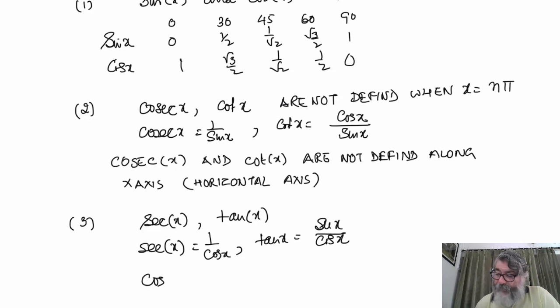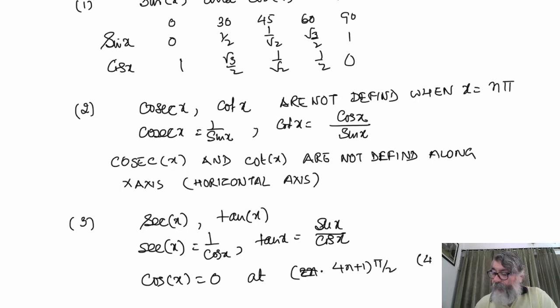At odd multiples of pi by 2, either 4n plus 1 pi by 2, or 4n plus 3 pi by 2. So odd multiples can also be written as 2n plus 1 pi by 2, because 2n plus 1 is an odd number.